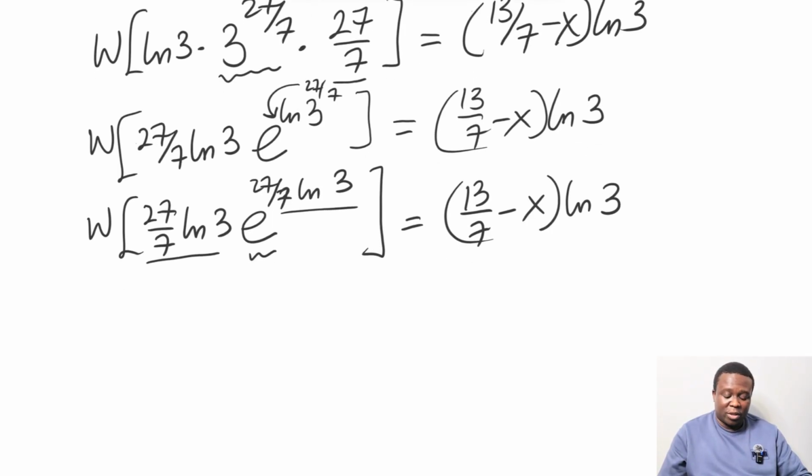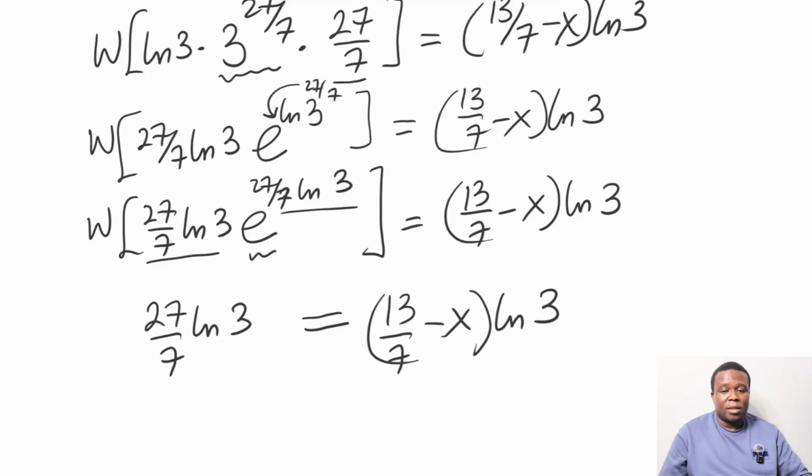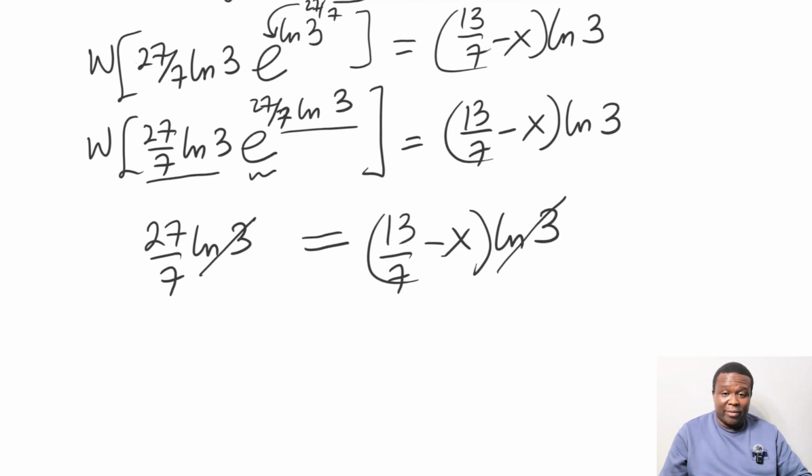And from that function, we know that this becomes 27 over 7 ln 3. Now this becomes equal to 13 over 7 minus x, ln of 3. So now we have ln 3 on both sides. We can cancel out the ln 3's and then work out the value of x from what we have left. So we have 27 over 7 equals 13 over 7 minus x.